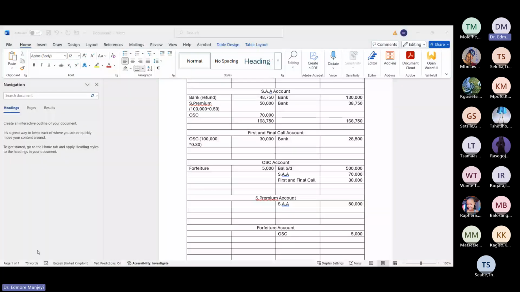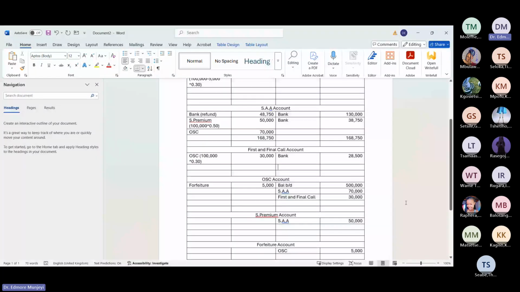First, on the share application and allotment, in his presentation, the way he was telling us, he said that there was a refund, hence we should debit bank, something like that. Under normal circumstances, the bank is under details. Yes, the presentation is fine, but the way he was telling us, it's actually different. This is not what we are supposed to do.